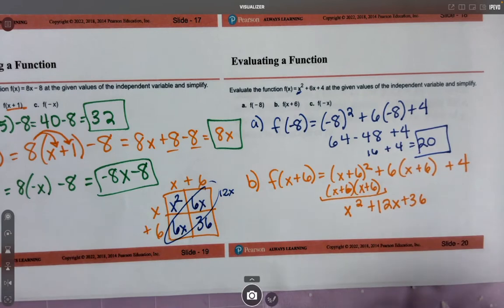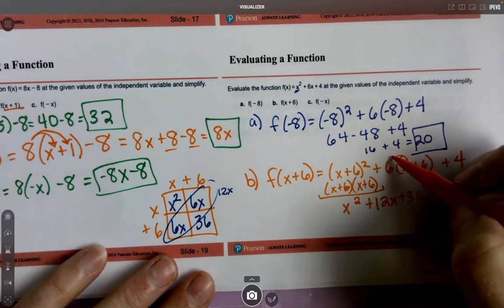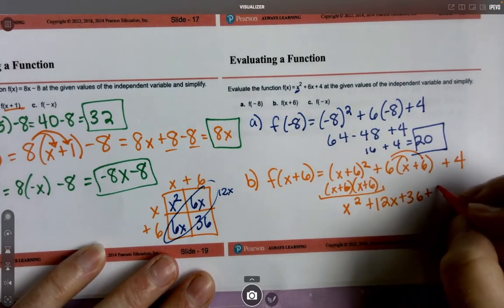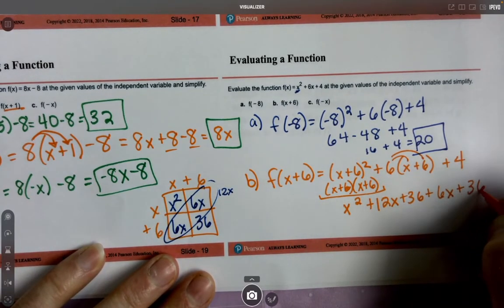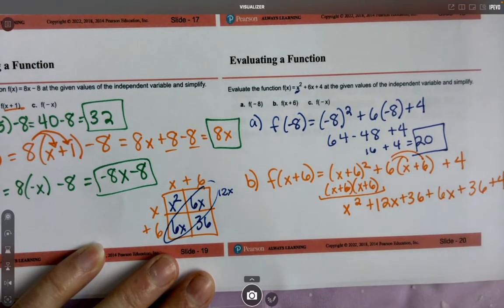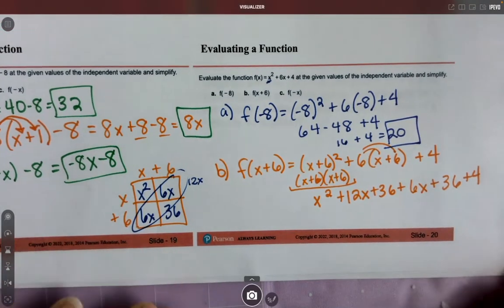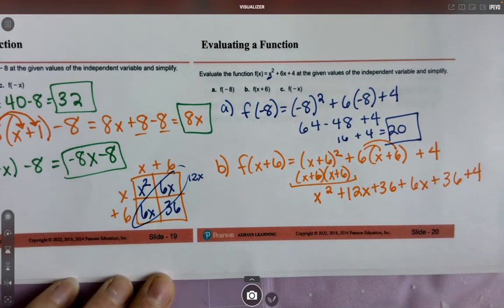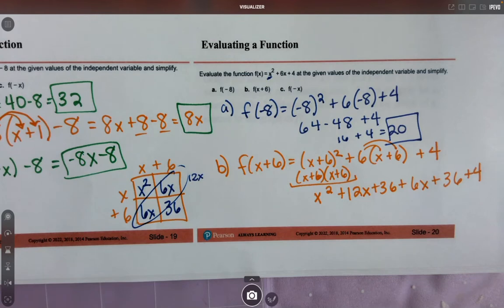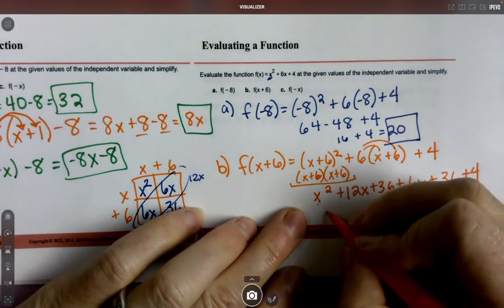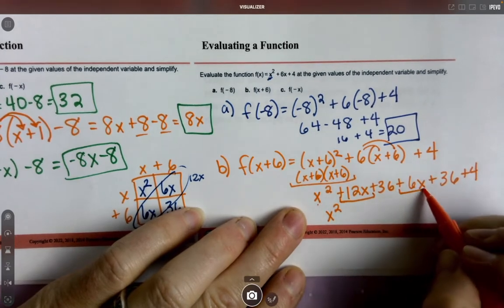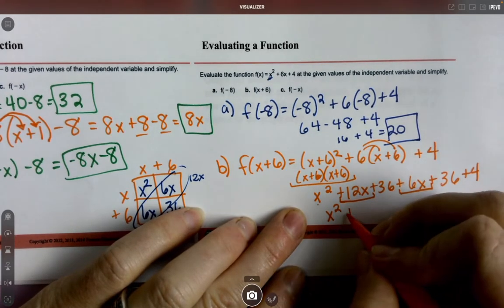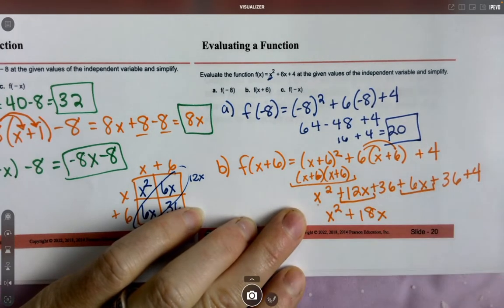All right, so we've gotten that one. We do need to distribute here. So that'd be plus 6x plus 6 and 6 is 36 plus 4. Now we look and see if we can combine like terms to simplify it all the way. X squared, can't do anything there. But then we have a 12x and a 6x, which makes that 18x.